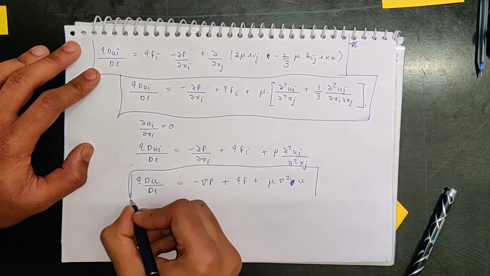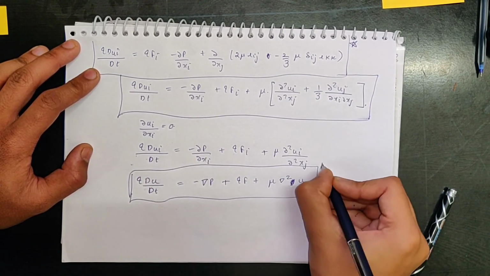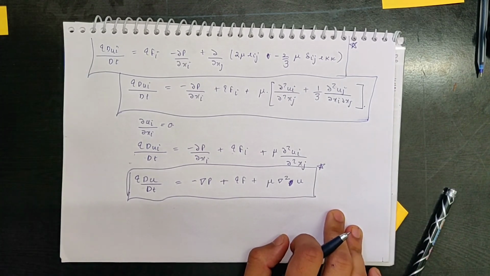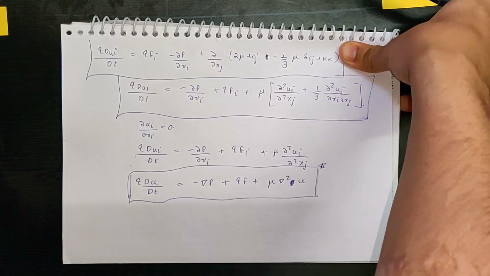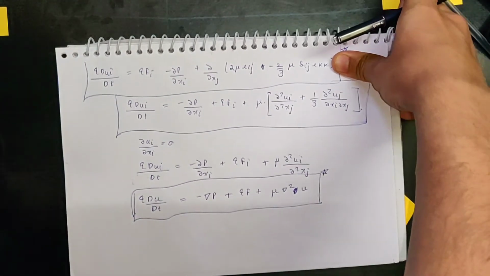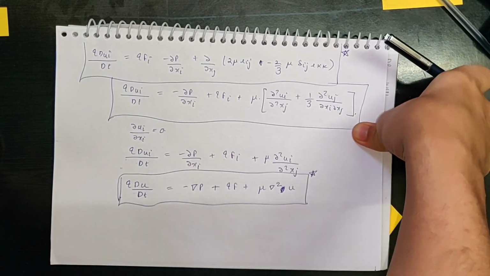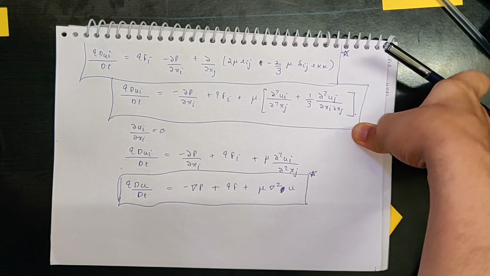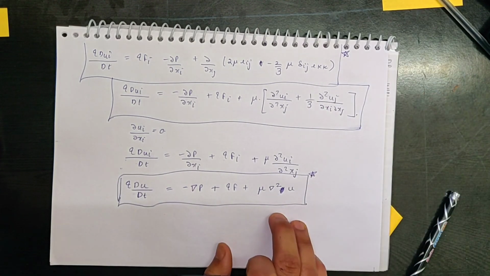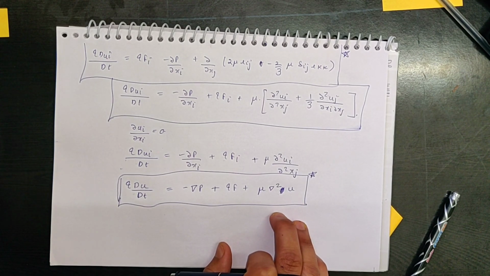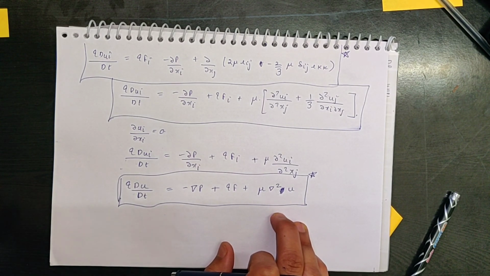So this is the final simplified expression of the Navier Stokes equation for the incompressible case, assuming mu to be constant. This is the generic case where we do not assume even mu to be constant. This is the derivation when we assume compressibility, but mu is constant, and this is the most simplified version where we consider mu is constant as well as the incompressible nature of the fluid.